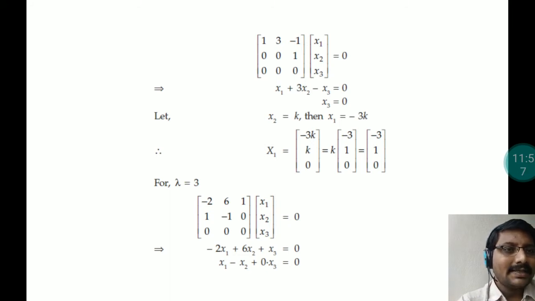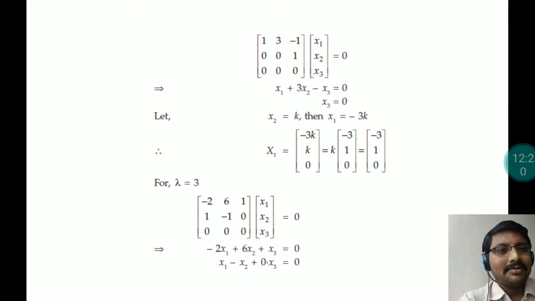Here we have to assign one arbitrary constant, that is k. We assign it to the second variable, x2, as k. So we will have x1 equal to minus 3k, putting x2 as k and x3 as 0 in the first equation, x1 plus 3x2 minus x3 equal to 0.